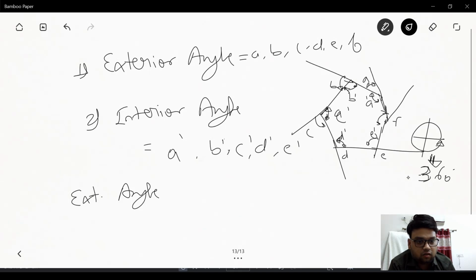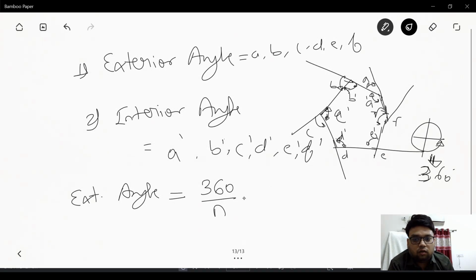Hence, to calculate the exterior angle, we have a simple formula: 360 degrees divided by the number of sides. Here the number of sides is 1, 2, 3, 4, 5, 6. 6 sides, so here we are using A, B, C, D, E and F.